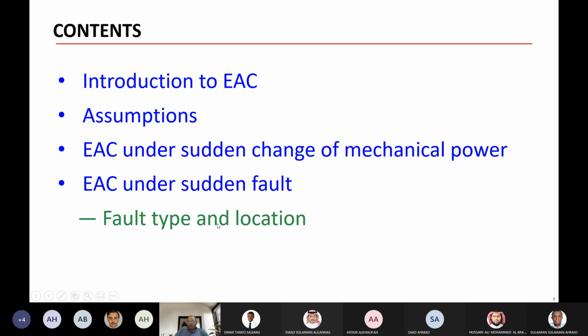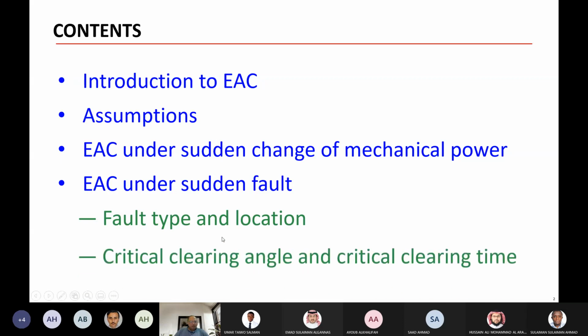Of course, we are handling now the transient stability analysis. The change here is big and sudden. So this is in the context of, as we mentioned, transient stability analysis or solving the swing equation. We are not linearizing as we did in the steady state stability analysis.